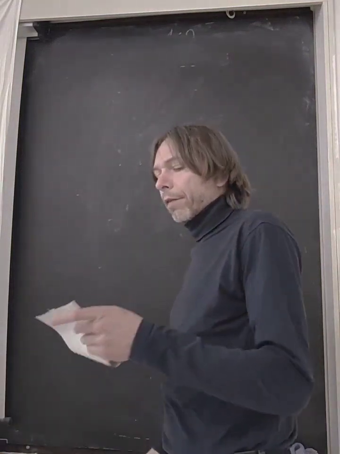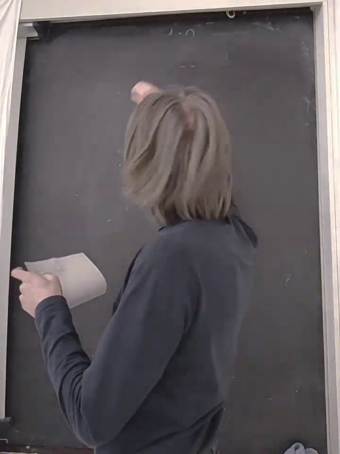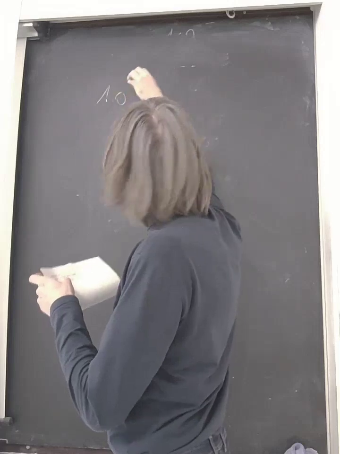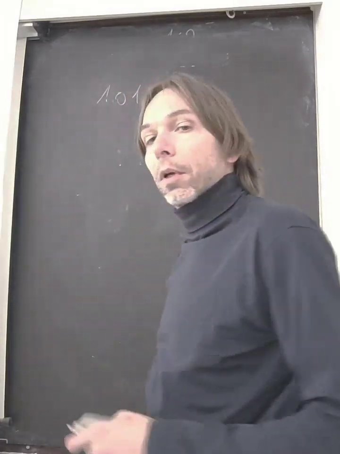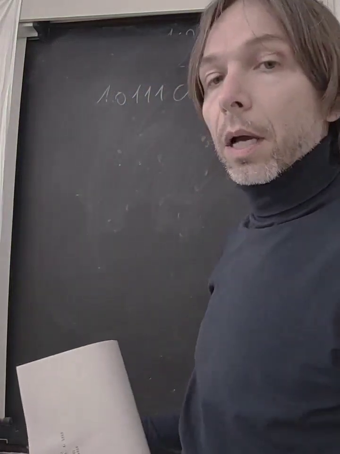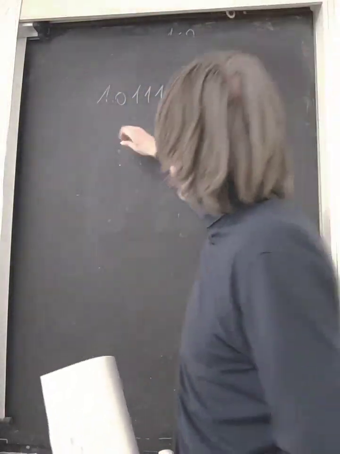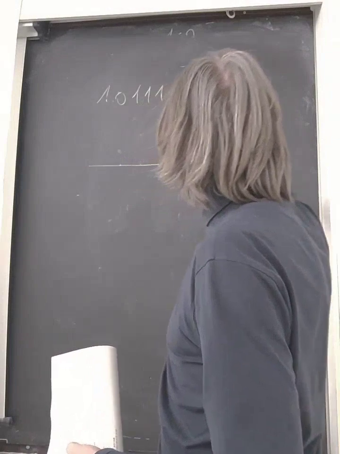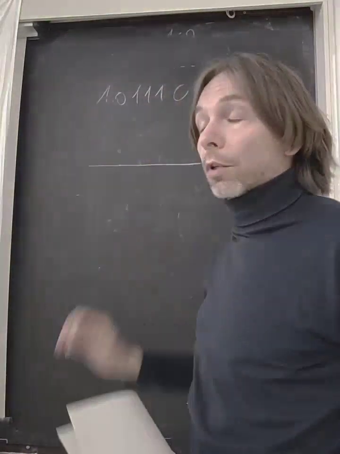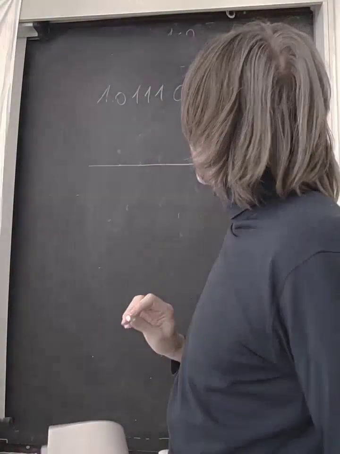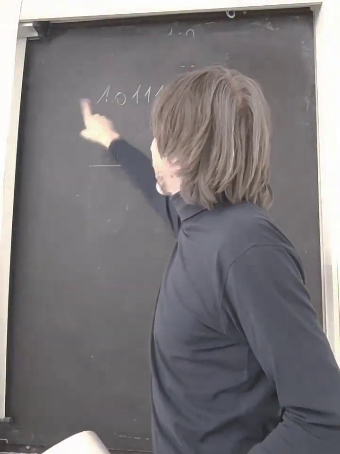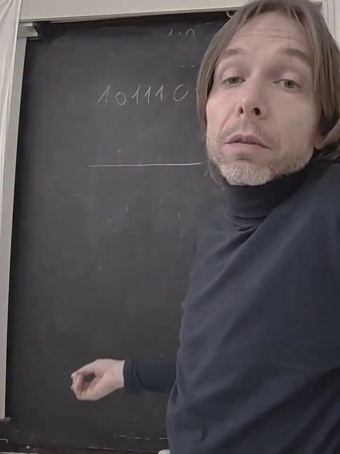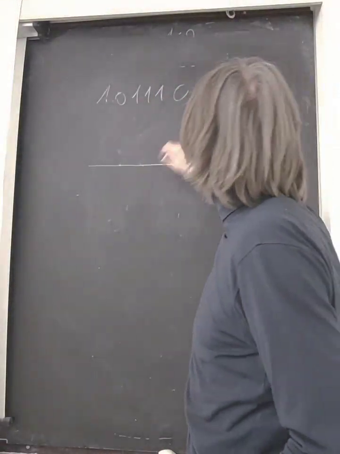Well, what do I have here? Okay, the first one: 1, 0, 1, 1, 1, 0. I put them on the abacus, putting one ball each time I got 1, and 0 balls each time I got 0.